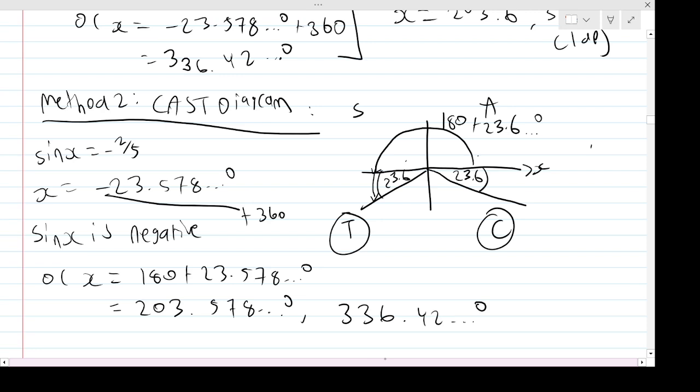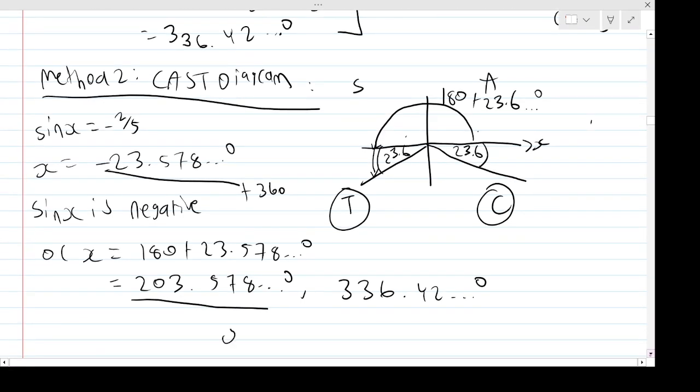And if I added 360 to 203, I'd be outside the range, right? Remember, we are only between 0 and 360.